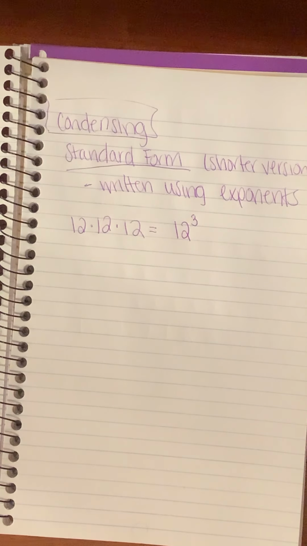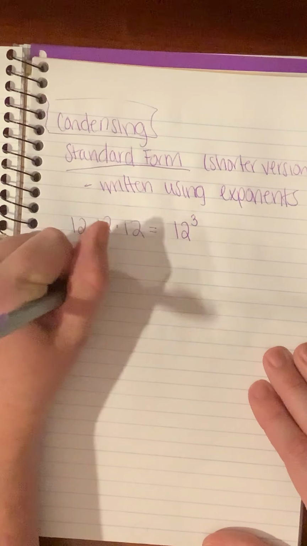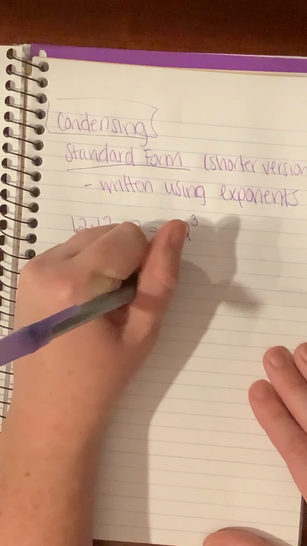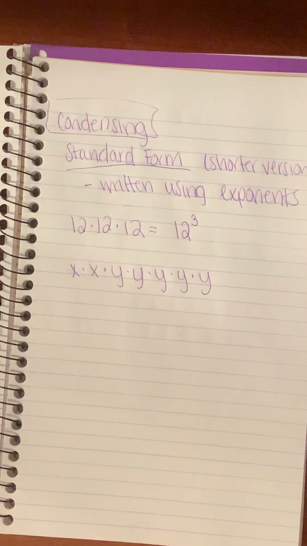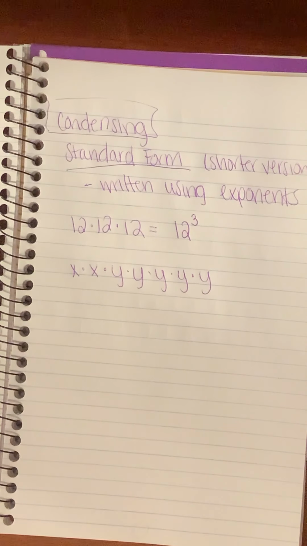All right, let's look at another example. What if we have something like x times x times y times y times y times y times y.